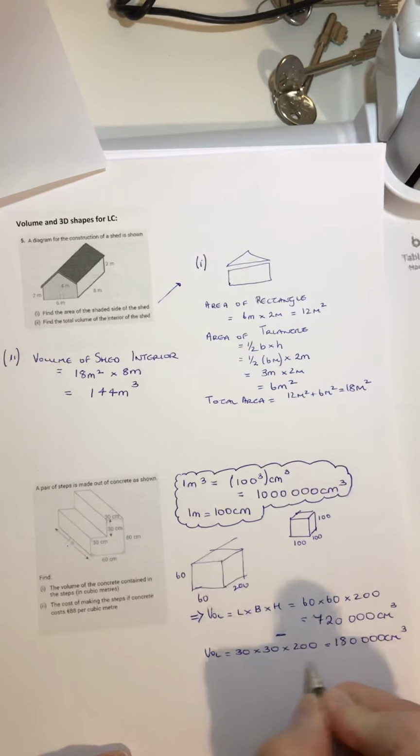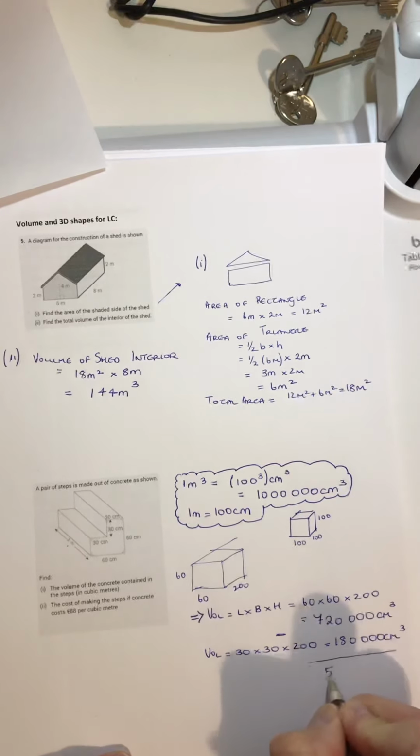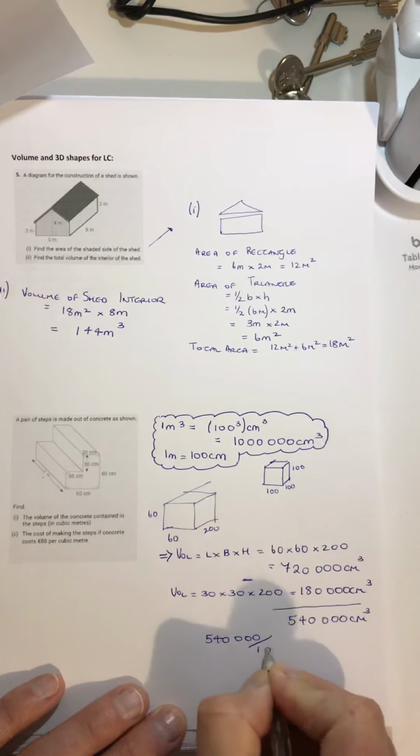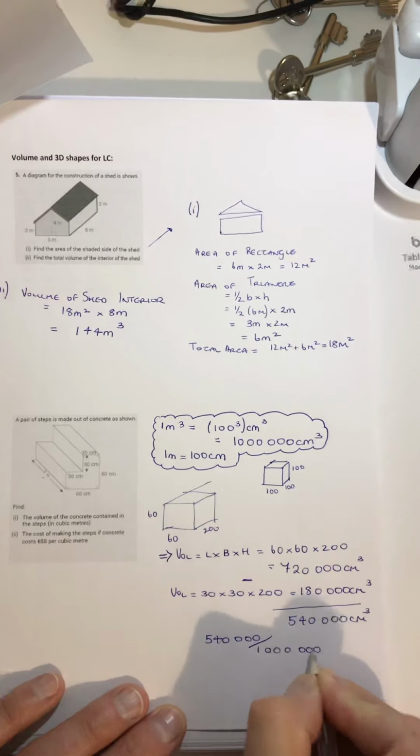We're taking away those, so we're left with 540,000 centimeters cubed. Now we want it in meters, so divided by 1 million, which is 0.54 meters cubed. So just be careful with that bit.